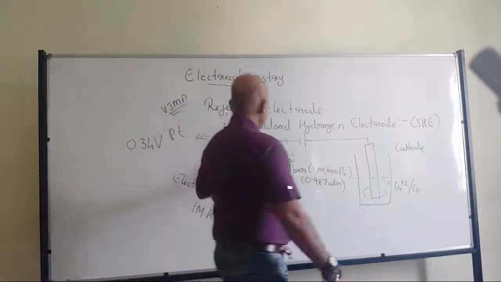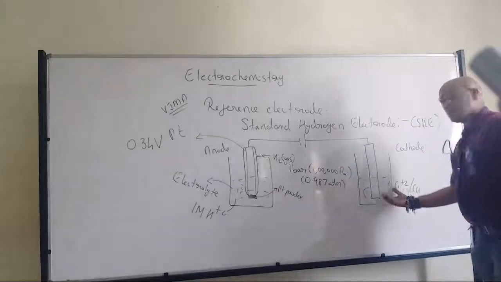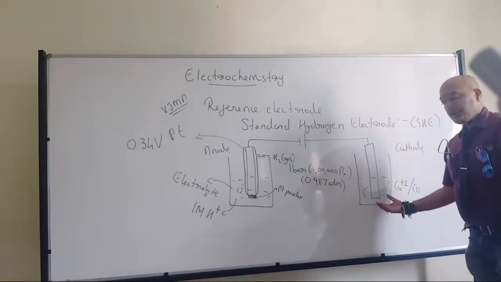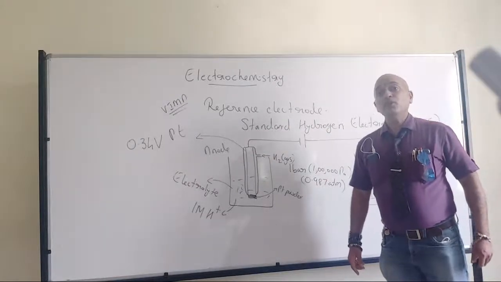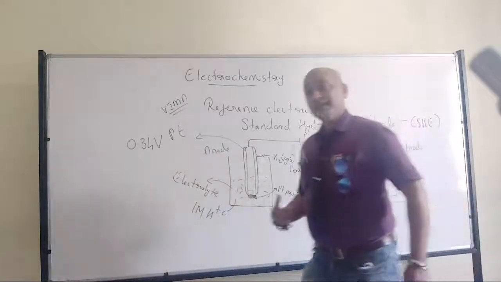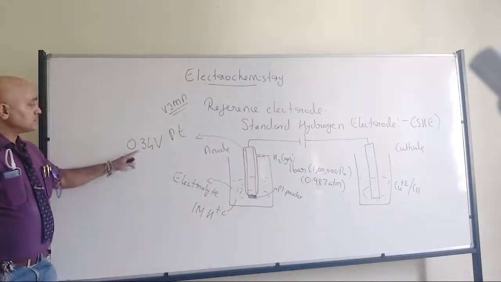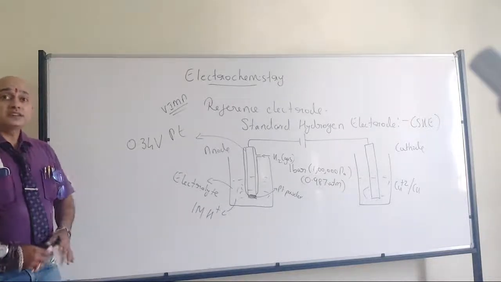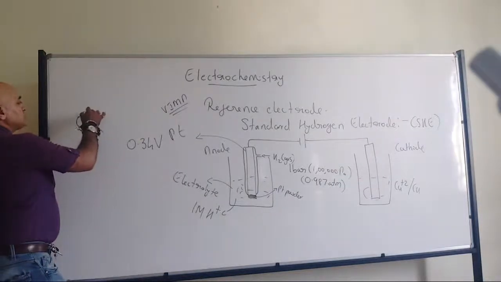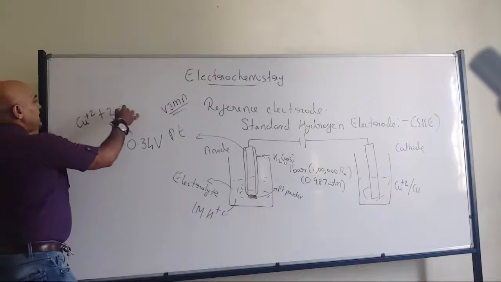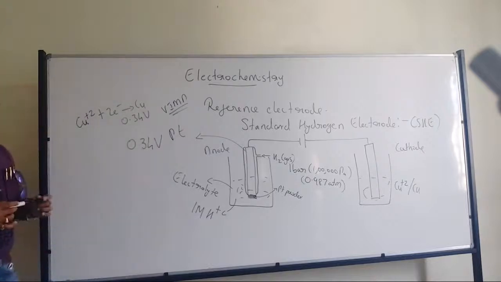Because when the standard hydrogen electrode was considered as the anode and connected to the cathode as another half cell, the value on the voltmeter was somewhere around 0.34 volt, which measures the potential difference. That's how we got the value for copper plus 2 accepting the 2 electrons and becoming copper. That's where we have got the value as 0.34 volt.